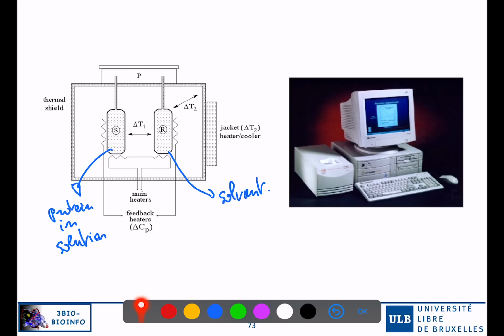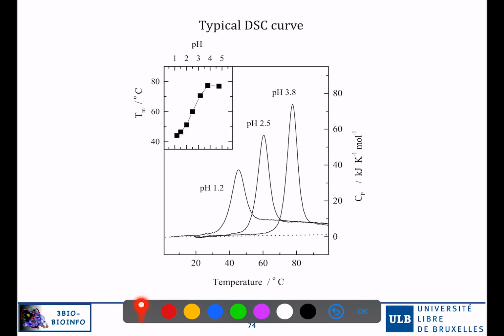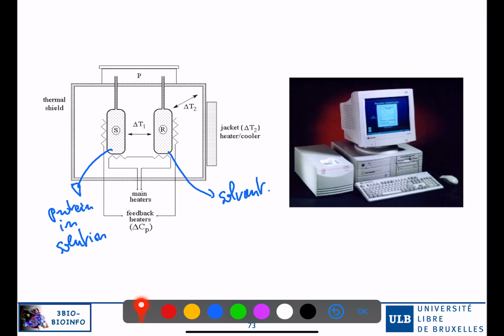Of course, if you want to increase the temperature of this cell by 1 degree, you will probably need more heat than increasing this cell by 1 degree, because in the sample cell you have your protein in solution. And so what you will do is to measure the difference in heat that is required to increase both cells by the same temperature. Okay? So that's what you will do in DSC.